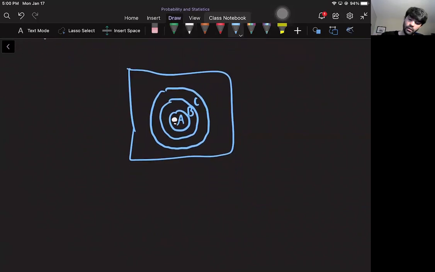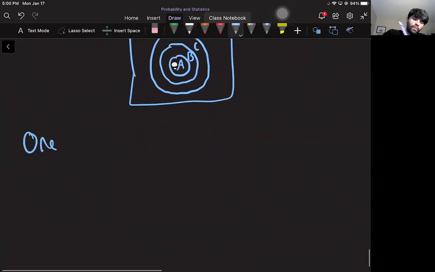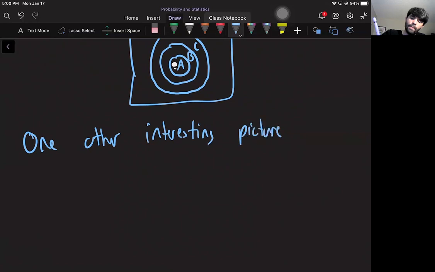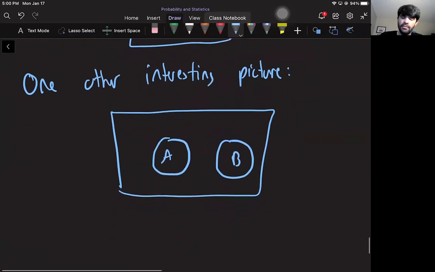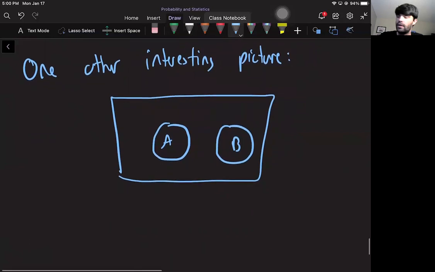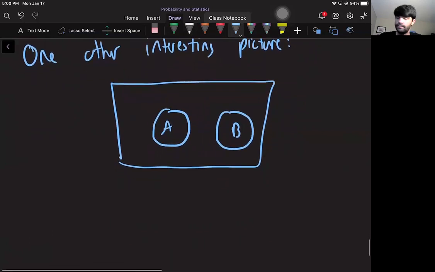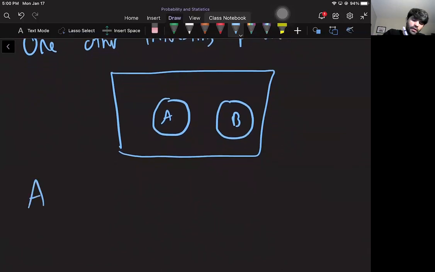Okay, so then one more interesting picture is, what about when you have 2 events and they don't intersect at all? We haven't discussed that as a possibility yet when we talked about events, but it certainly can happen. And so this is how you would draw it, but what's really going on here?